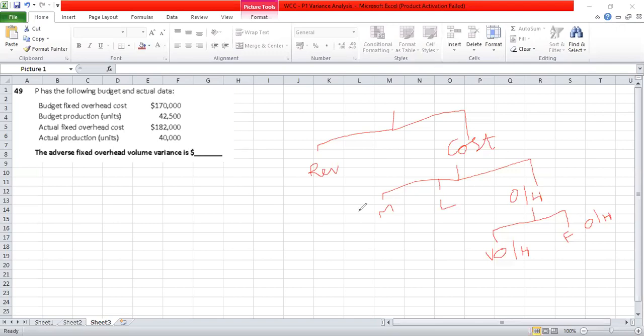So what variances should be calculated under variable overhead and fixed overhead?